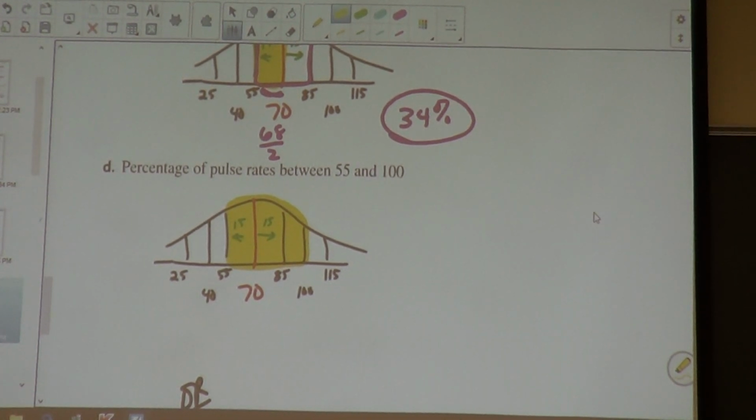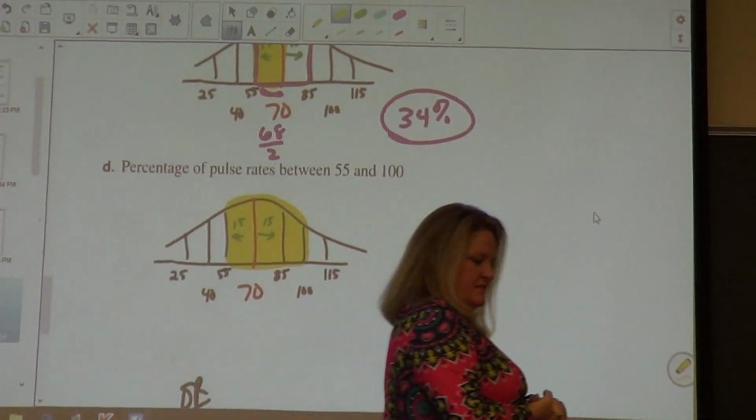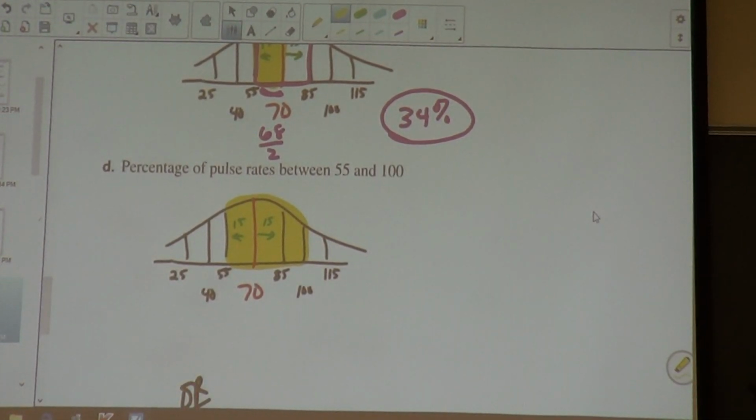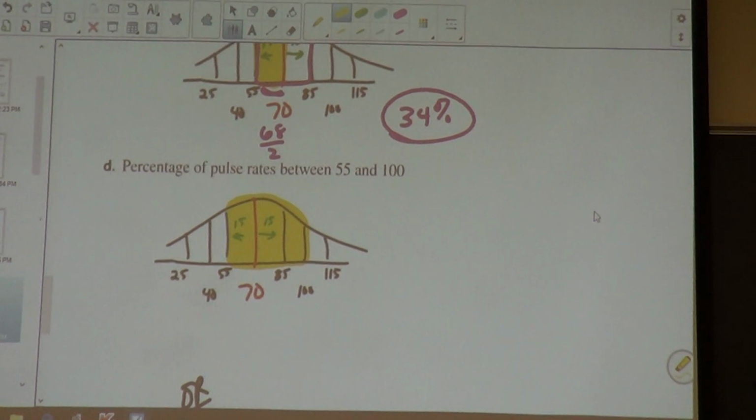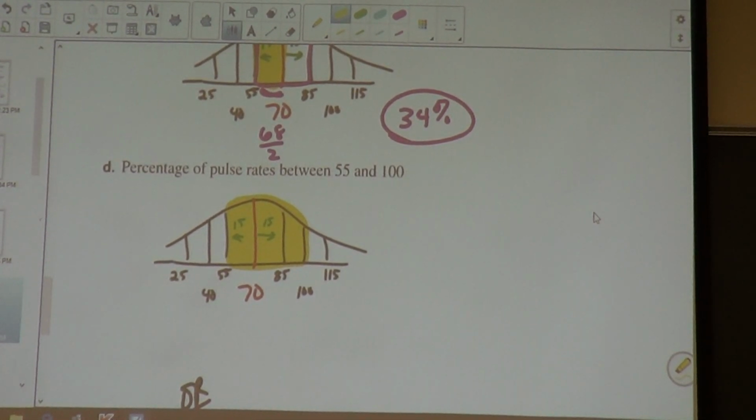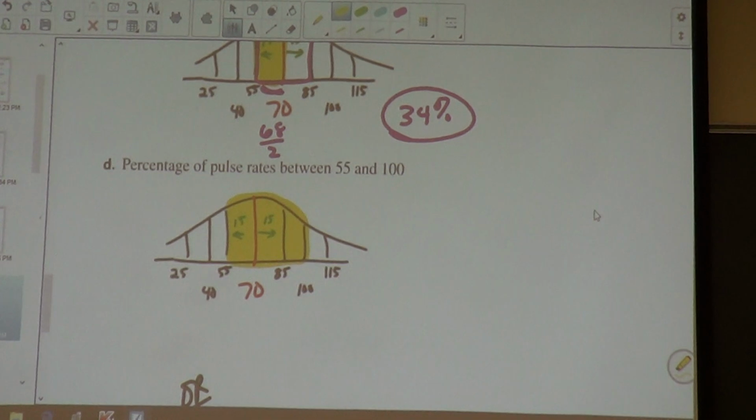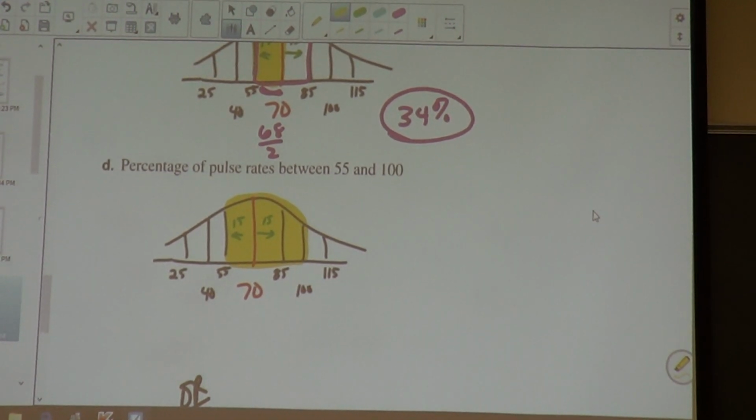You get an answer? Yeah. The whole graph is 100%.